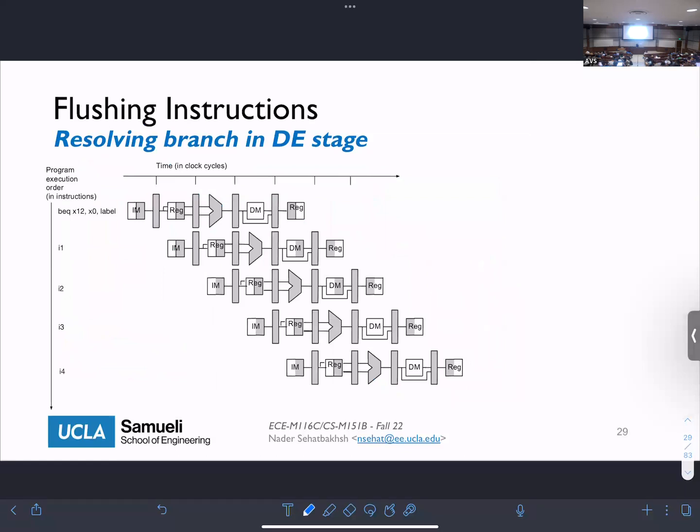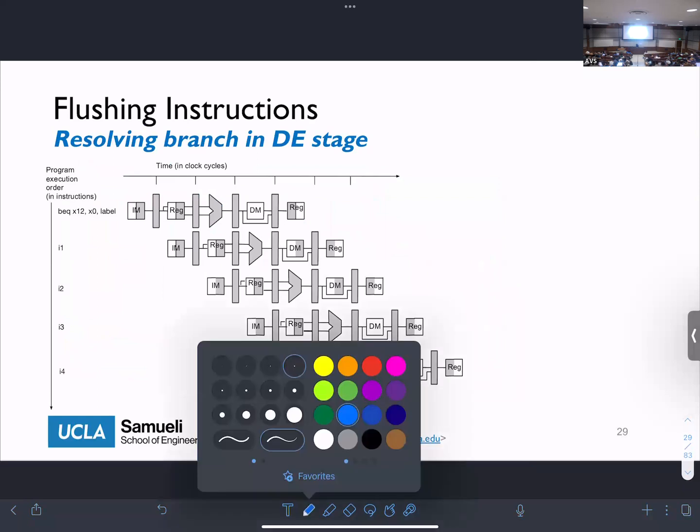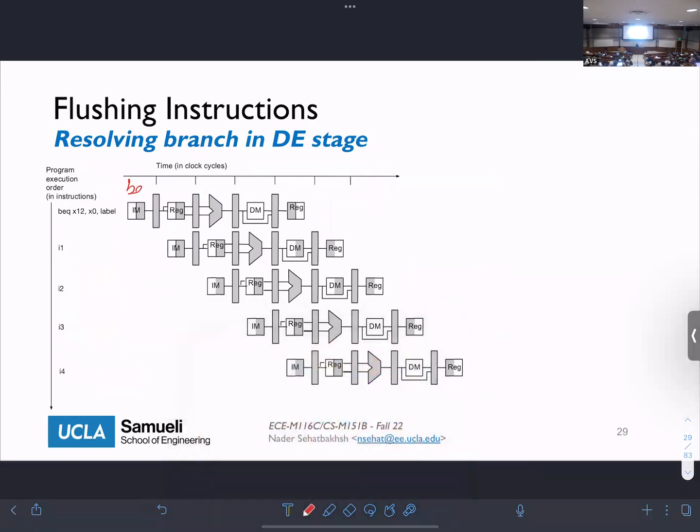So as you can see here, back to the similar example that we had before, this time we will have branch equal, for example, here, then the branch equal goes here, our I1 goes here. And the nice thing is that at this point, we know whether we are making a mistake or not. So our branch equal goes forward.